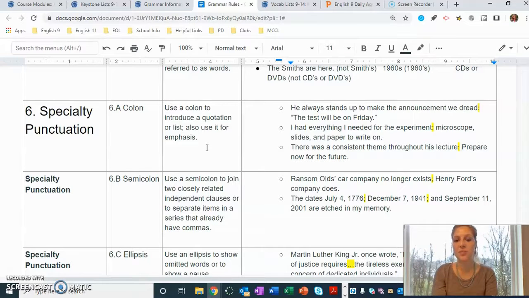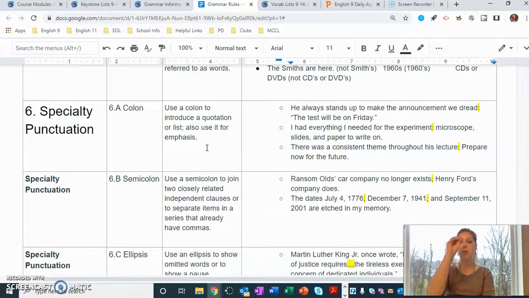So, he always stands up to make the announcement we dread: "The test will be on Friday." Or to introduce a list, I had everything I needed for the experiment: microscope, slides, and paper to write on. Or the last one for emphasis, there was a consistent theme throughout his lecture: prepare now for the future.